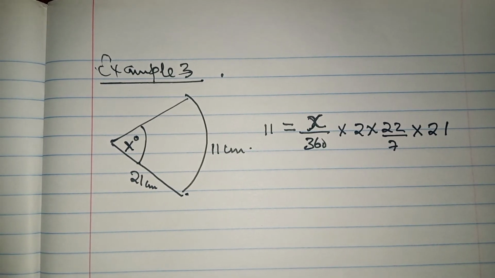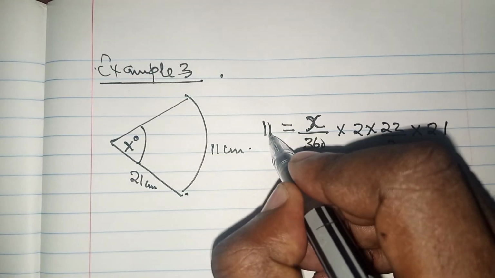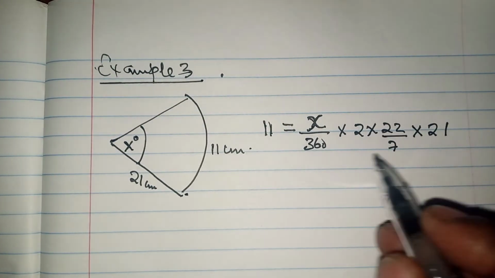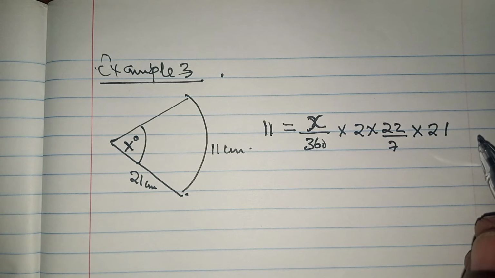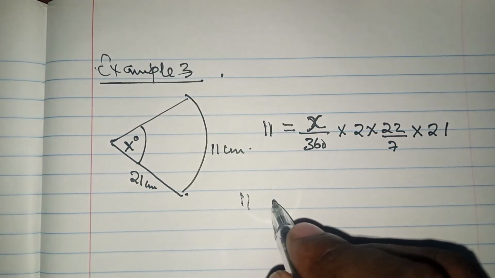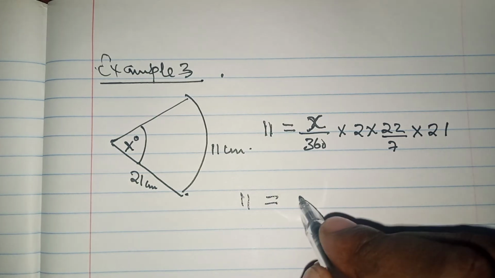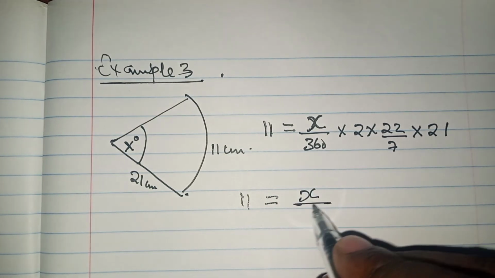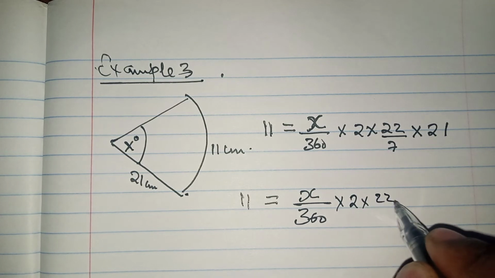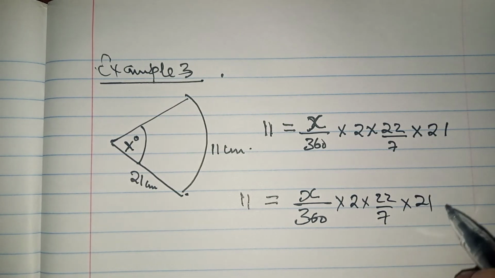All we need to do is, 11 is given by all this. So multiply both sides by 360 and by 7, so that we have 11 equals x over 360 times 2 times 22/7 times 21.